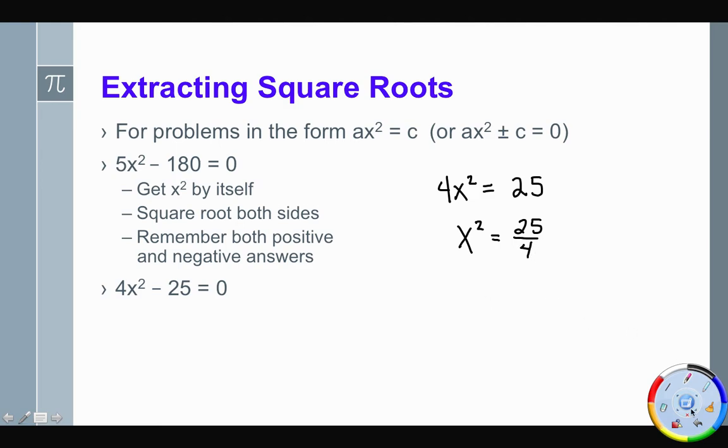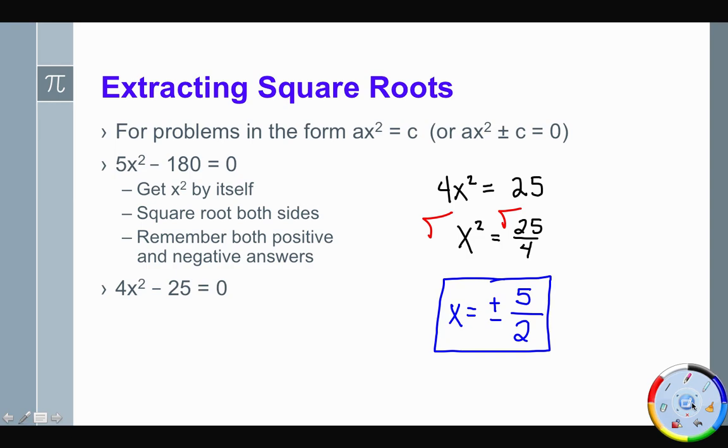And now that we have x squared by itself, we are going to take the square root of both sides, and we're going to get x is equal to, here we can do, instead of writing both separately, we can say plus or minus. That gives us both answers. And when we square root a fraction, we square root the top and the bottom separately. The square root of 25 is 5, and the square root of 4 is 2, and there we have the two answers to this problem.